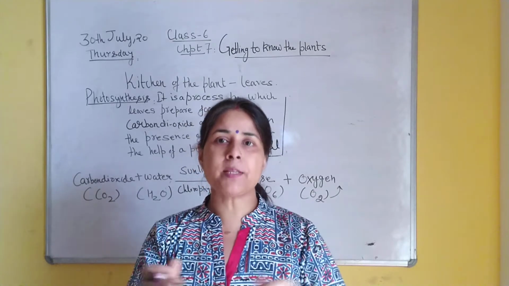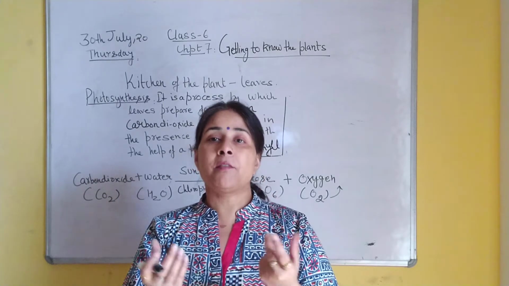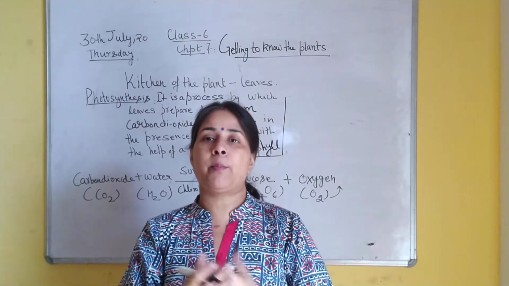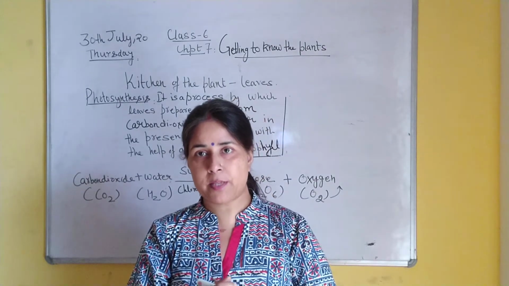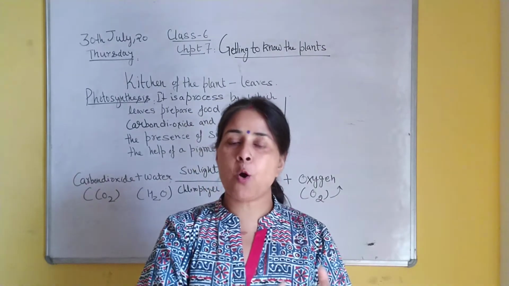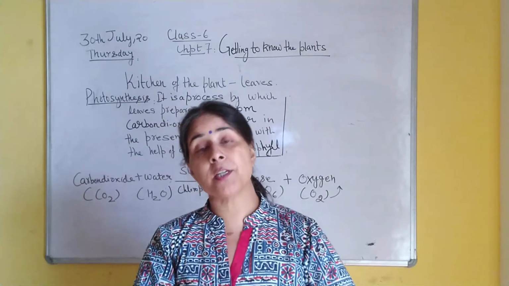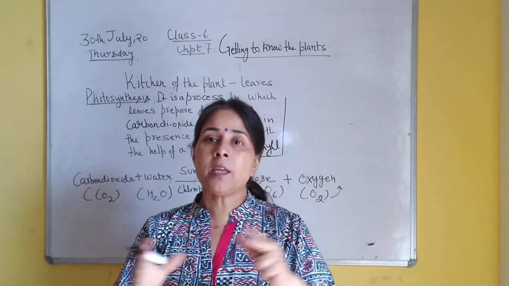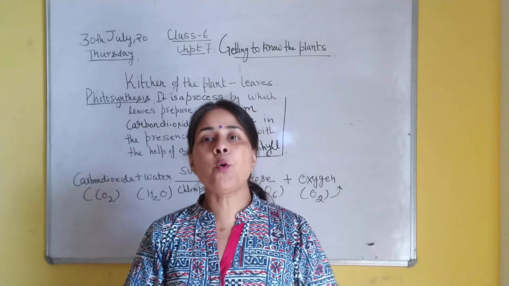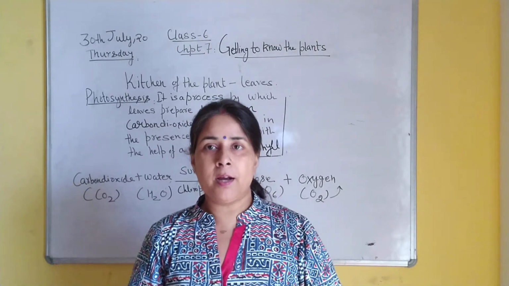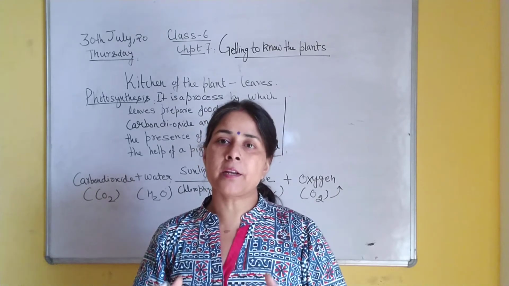There will be a lot of carbon dioxide in our environment, and our bodies cannot survive in the presence of extra carbon dioxide. So suppose plants are not there, and they are not taking carbon dioxide from the atmosphere and changing it into oxygen, the life on the earth will be no more. There won't be any life on the earth because we are not able to survive in a carbon dioxide rich environment.